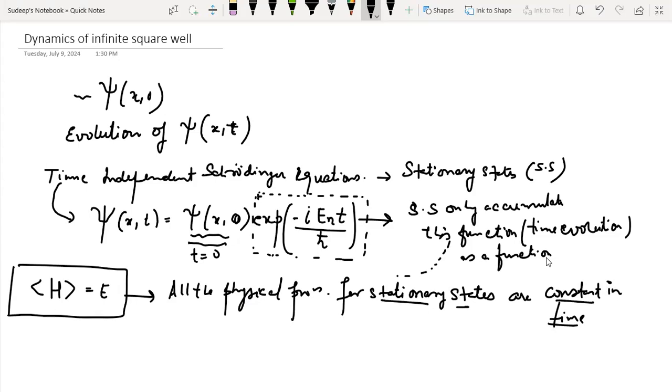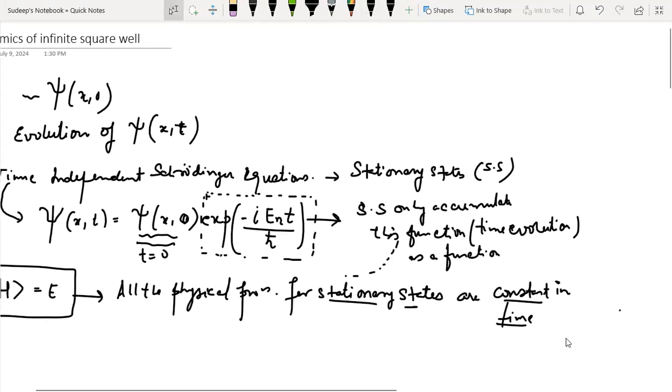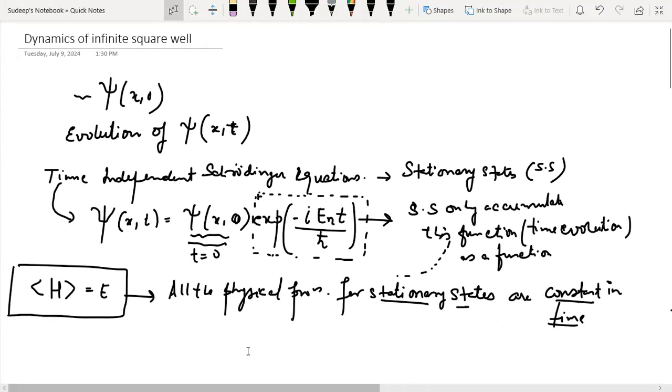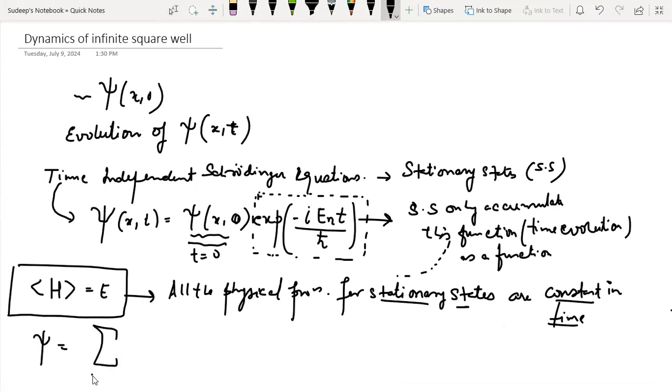I also know the fact that my wave function forms a complete set. That is, the wave function can be written as a linear combination or superposition of the eigenkets that I know. And this amplitude Cn is simply obtained using the Fourier trick.